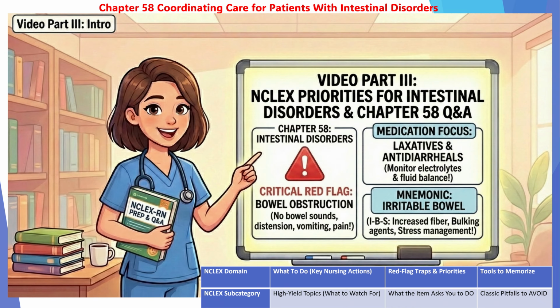We talk about the red flags of every disease, and I have these two tables in separate slides, and you see what to do, red flags, tools to memorize, high-yield topics, what to watch for, what the item asks you to do, and classic pitfalls to avoid.